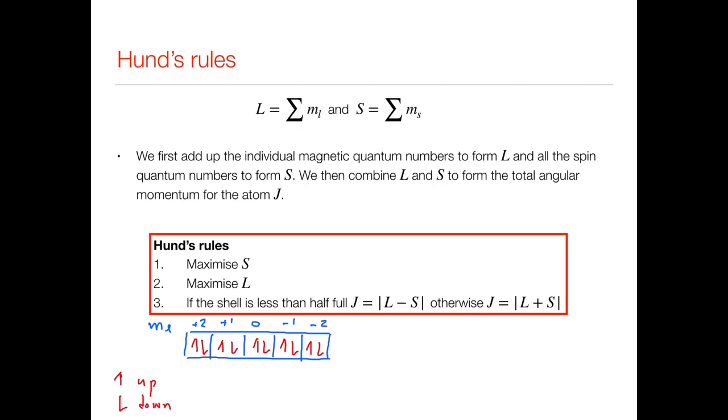Then you can see that in this case, L is equal to 0 and S is equal to 0. L is equal to 0 because +2, +1, 0, -1, -2 added together gives me 0, and S is 0 because plus and minus a half for each of these pairs cancel.